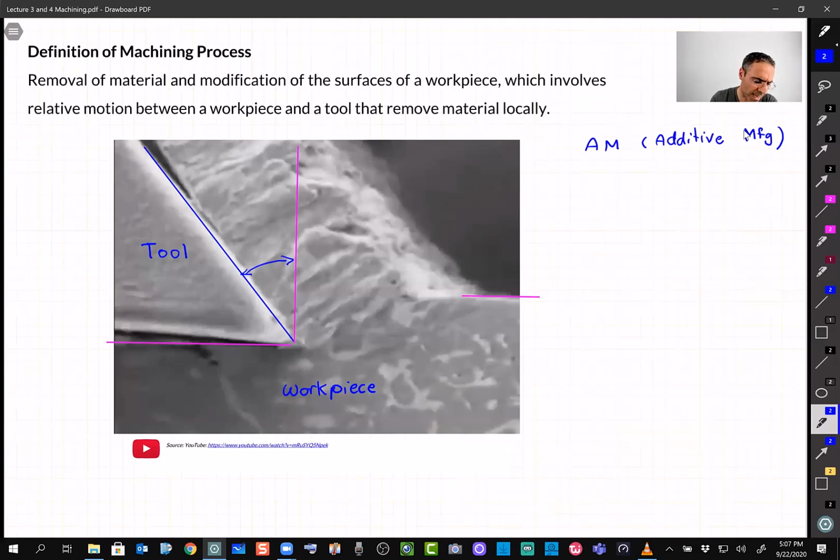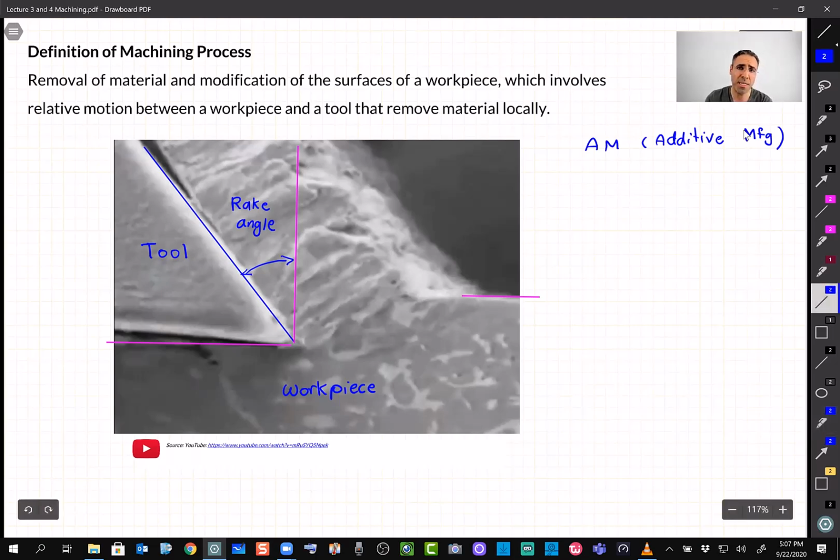We call this angle the rake angle. And the material is removed by getting it to its plastic deformation and breaking point by shearing stress.